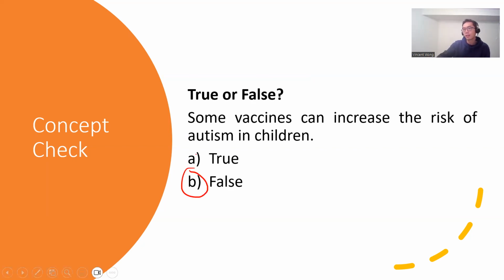There was one publication that showed a link between vaccines and autism, but that study was actually fabricated. The results were made up, and it has since been taken off from the journal.